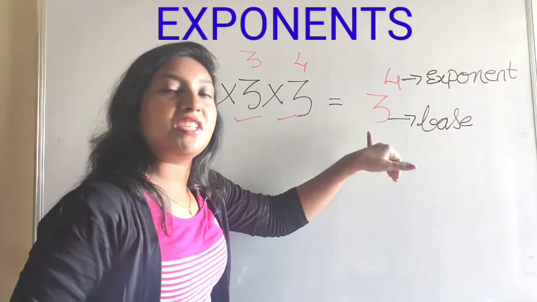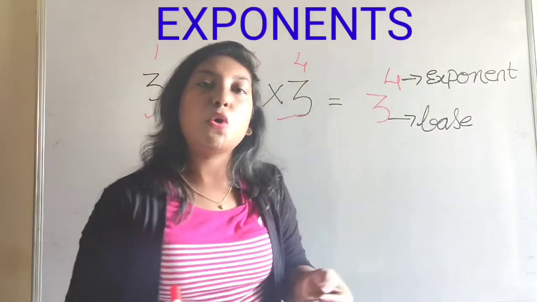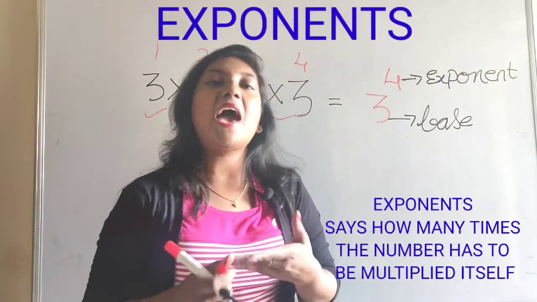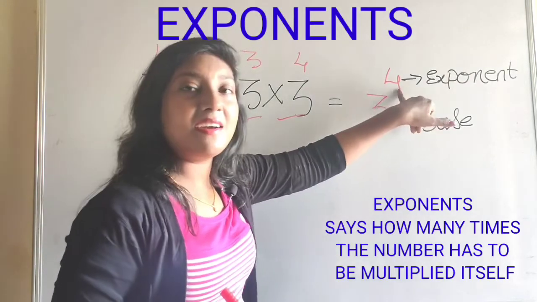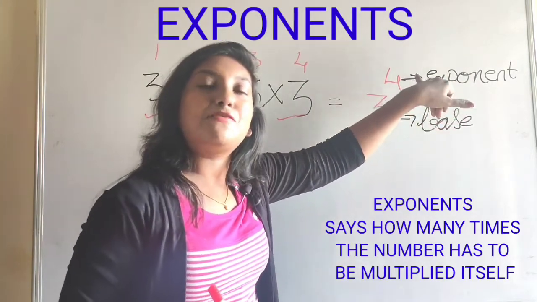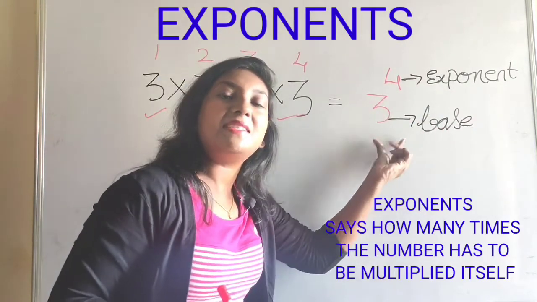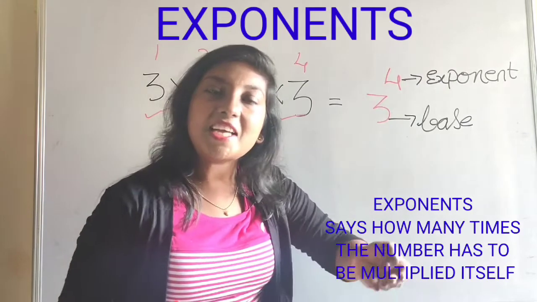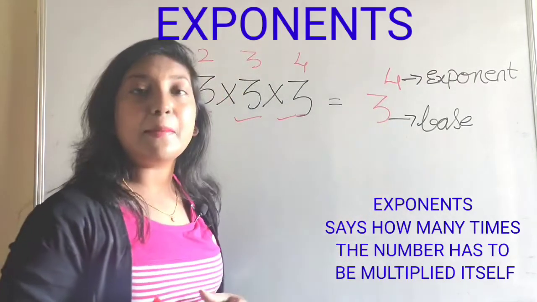So the number 3 is called base and 4 is exponent. Exponent shows how many times we have to multiply the number itself. That means this 4 is saying that we have to multiply the base, that means the 3, by how many times? Yes, by 4 times.